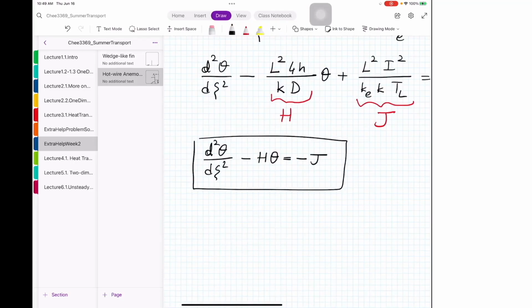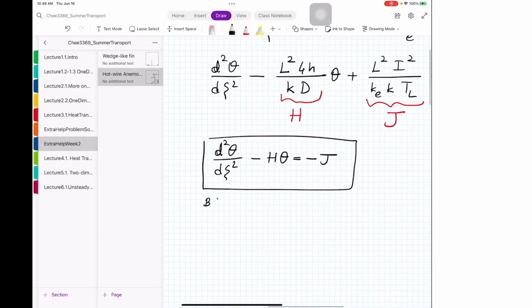So we did part of part B. And our boundary conditions become, at psi equal to +1 or -1, theta becomes equal to TL minus TL over TL, which is equal to 0, right?